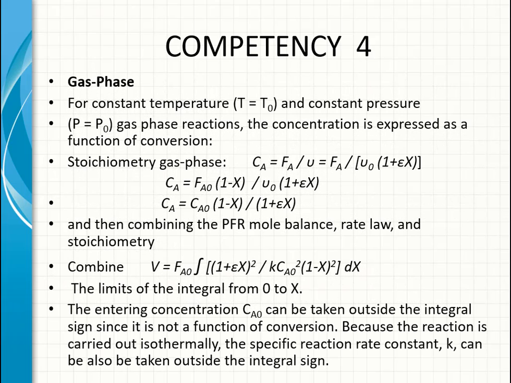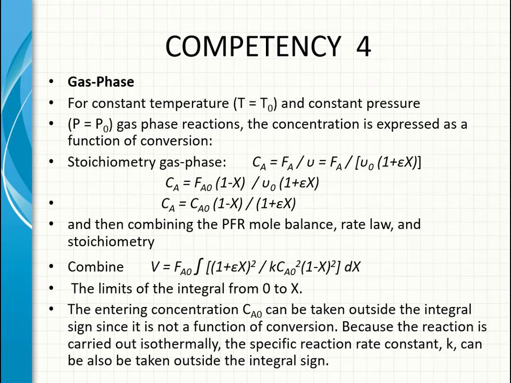Now, in the gas phase, for constant temperature T equals T0 and constant pressure P equals P0, the concentration is expressed as a function of conversion, because of the stoichiometry in the gas phase.